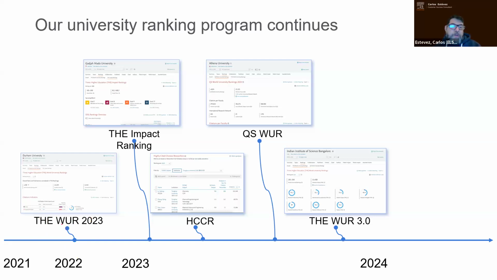The Times Higher Education World University Ranking starts in 2023. Then the impact ranking, that is really meaningful for several institutions in developing countries.